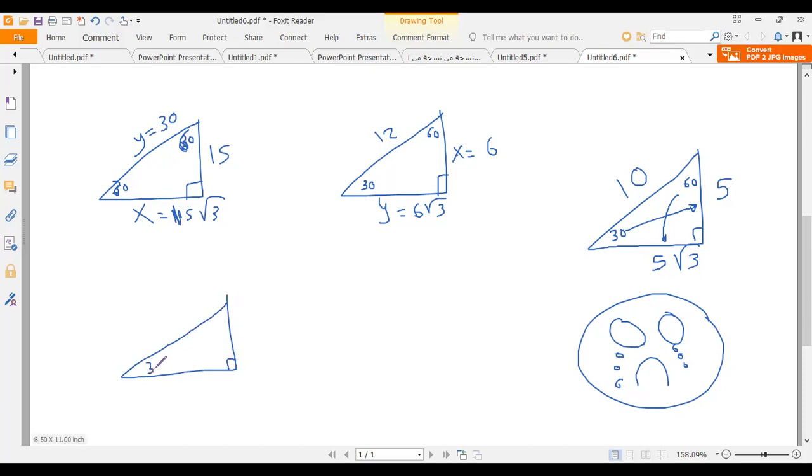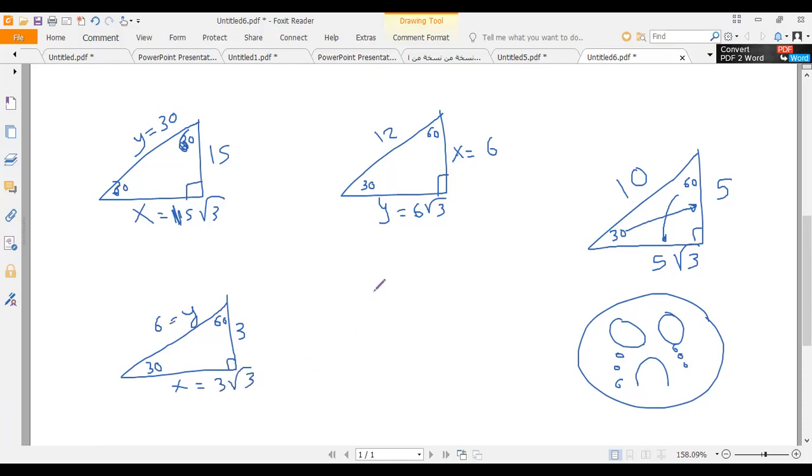This is 3, could you find y and x? Y is 6, yes excellent, and x is 3 radical 3.